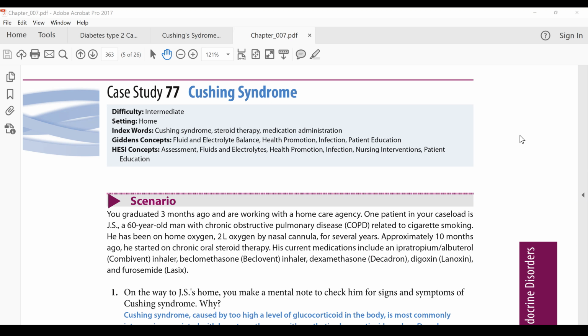So we did list tumors, pituitary gland tumors, adrenal gland tumors. They can produce too much ACTH, and that person can end up with Cushing's disease, okay? So syndrome is going to be caused by medication. Disease is going to be caused by things like tumors, genetics. That's going to be your disease component, okay?